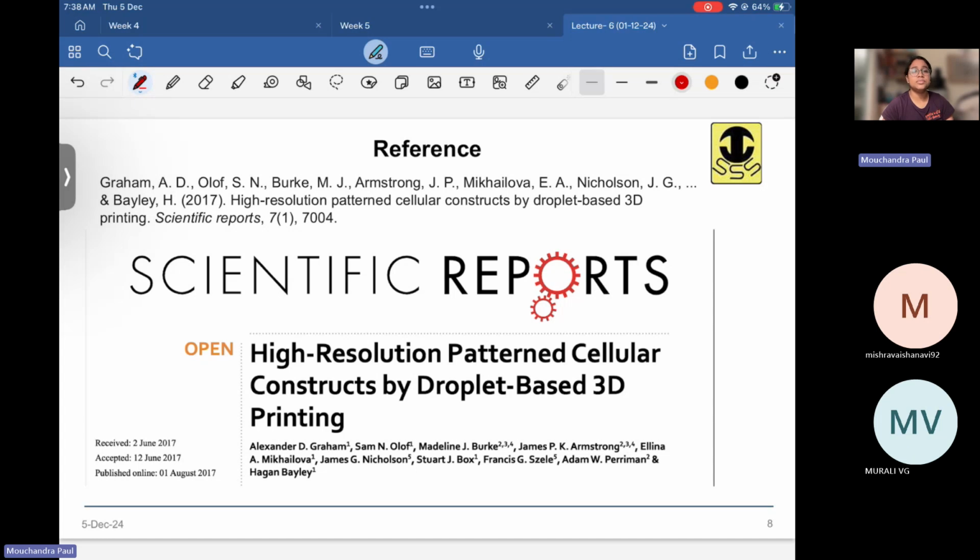You have to add some modifiers that increase the viscosity of the bioink. Then maybe a low percentage you can add to your original material, but that will enable better viscosity, and then you can extrude better resolution filaments. Okay, ma'am.